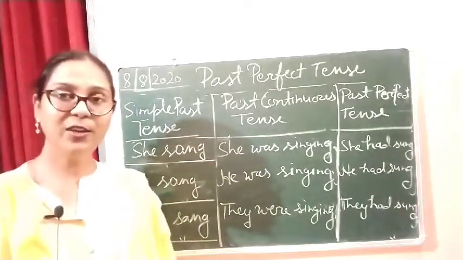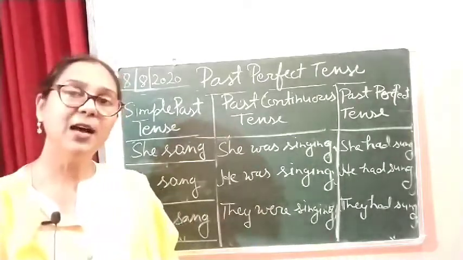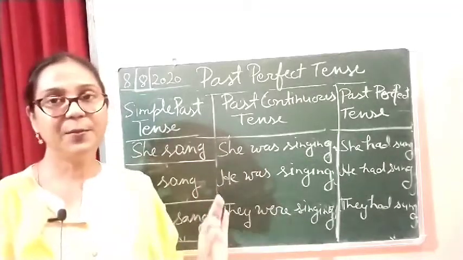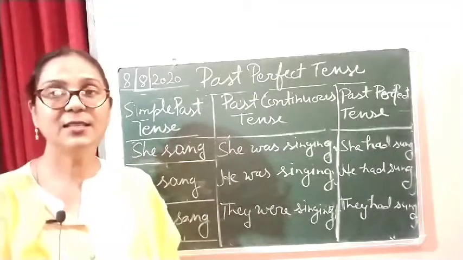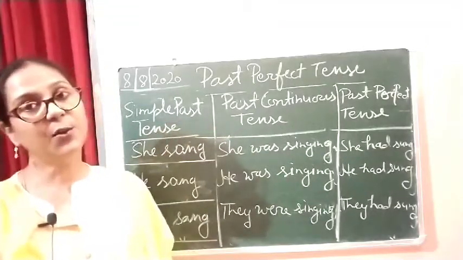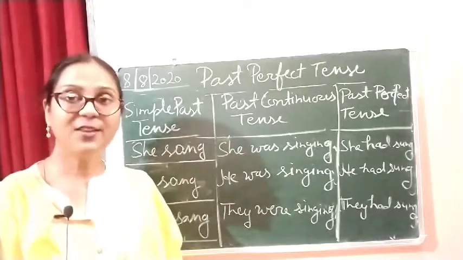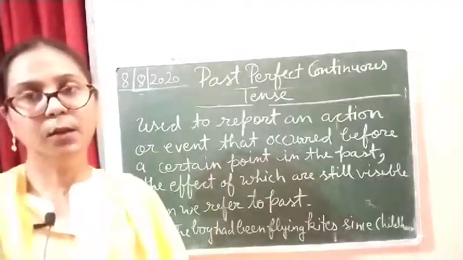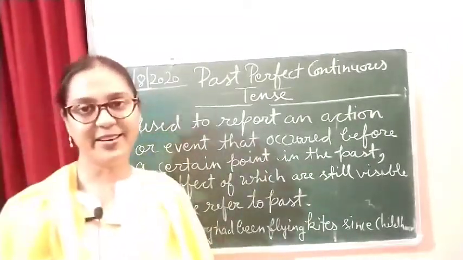And now we are moving to past perfect continuous tense. We have already completed simple past tense, past continuous tense and past perfect tense. Now we are going to learn past perfect continuous tense.